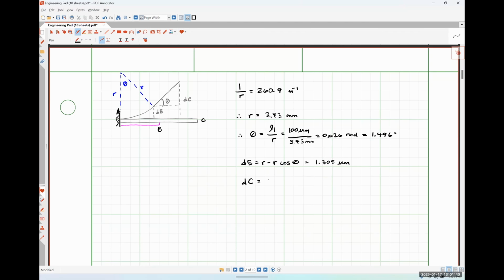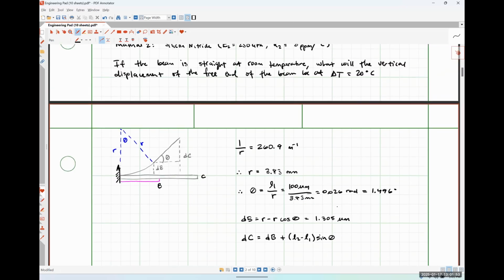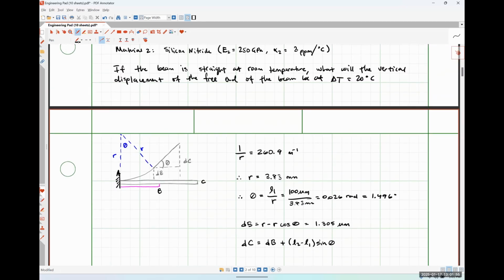So I have it written down as the deflection to point B plus (L2 minus L1) sine theta, okay? So just to be clear here, let's spell this out. This guy right here is the dB, so that's where that part comes from.